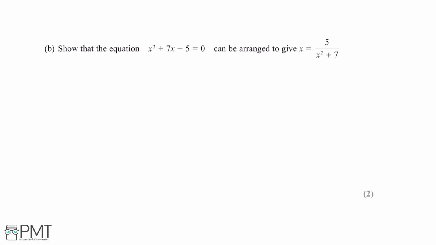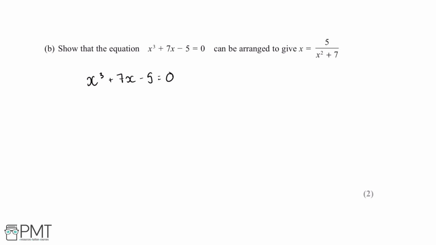Show that the equation x cubed plus 7x minus 5 equals 0 can be arranged to give x equals 5 over x squared plus 7. So the first thing we can do for this question is factorise out an x term from these first 2 terms here.